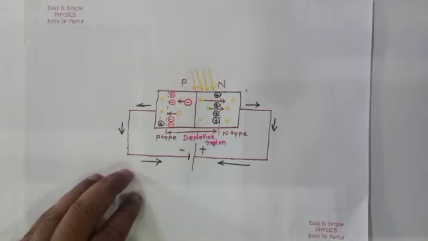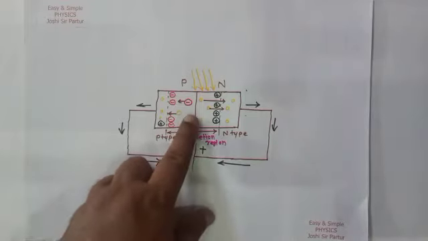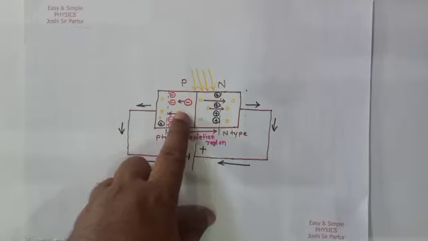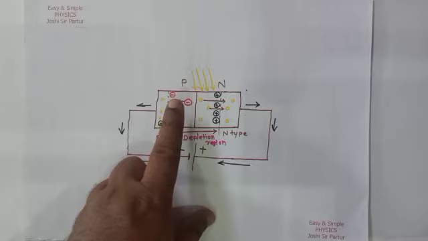This saturation current is due to minority carriers on either side, P region and N region. Electrons are minority carriers in the N region, and holes are minority carriers in the P region of the diode.